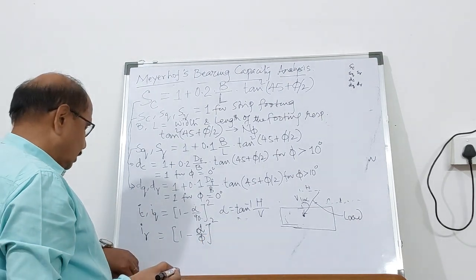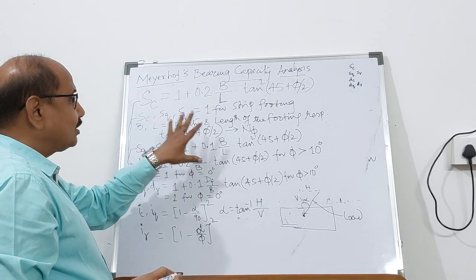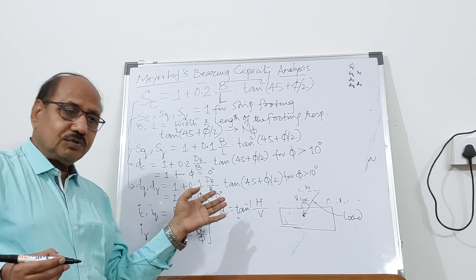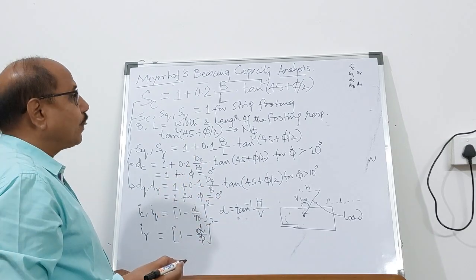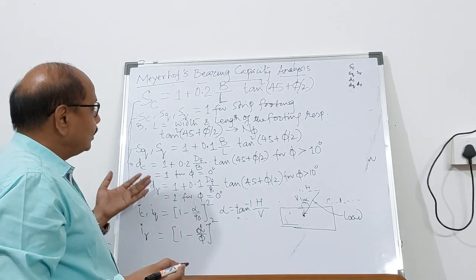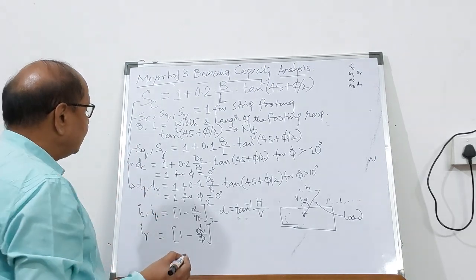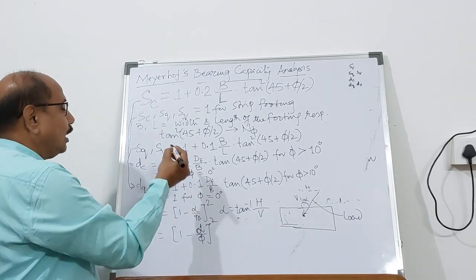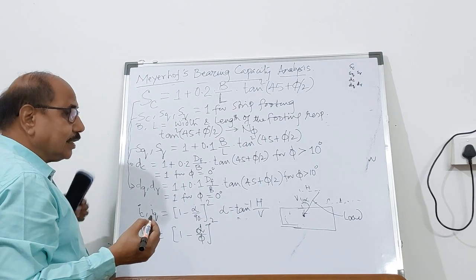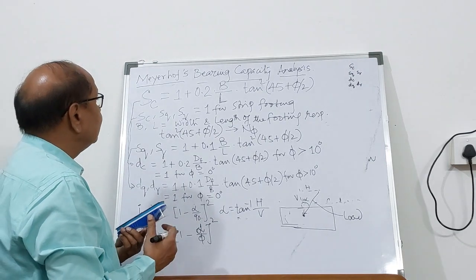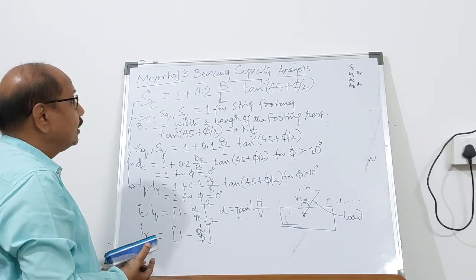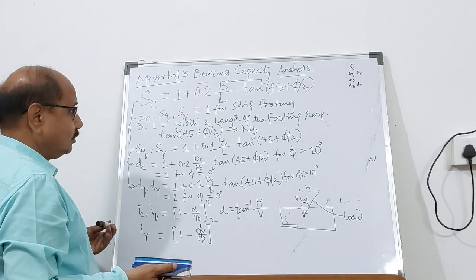So this equation is universal in nature, which takes into account the effect of shape, depth and inclination of the loading. You can calculate for any shape. That's the equation given by Meyerhof, and in the GATE examination you will find a lot of questions on Meyerhof's bearing capacity equation.